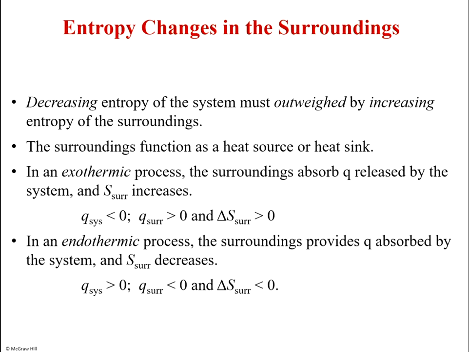So Q for our system is negative, Q for our surroundings is positive, and delta S for our surroundings is positive. In an endothermic process, the surroundings provide the heat that is absorbed by the system, and so the entropy of the surroundings decreases.